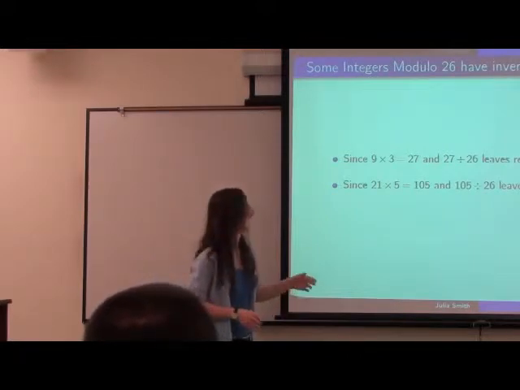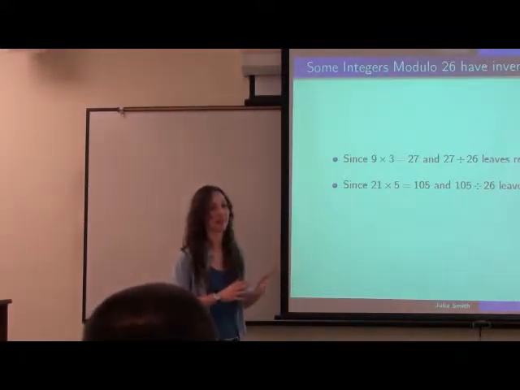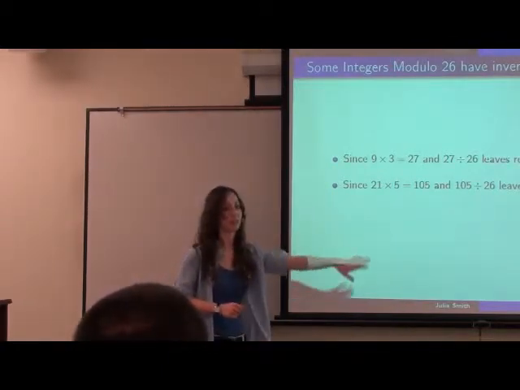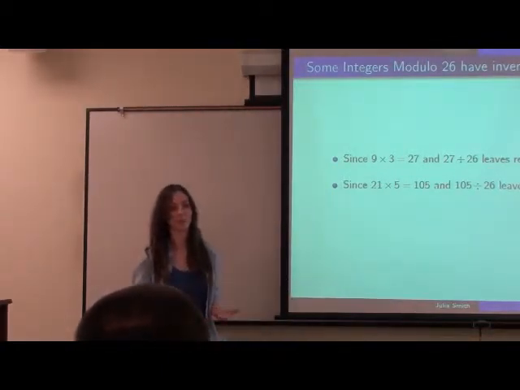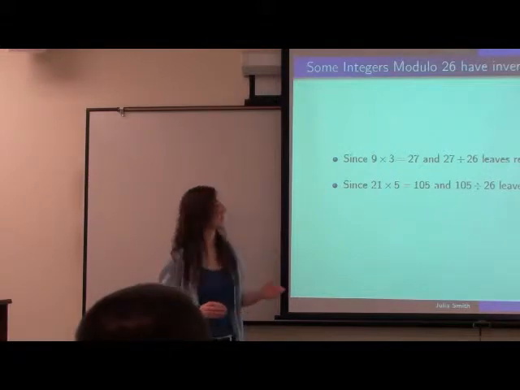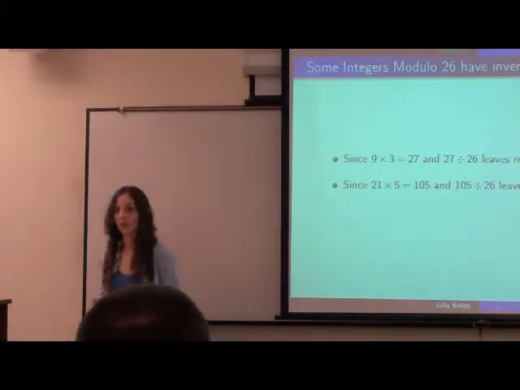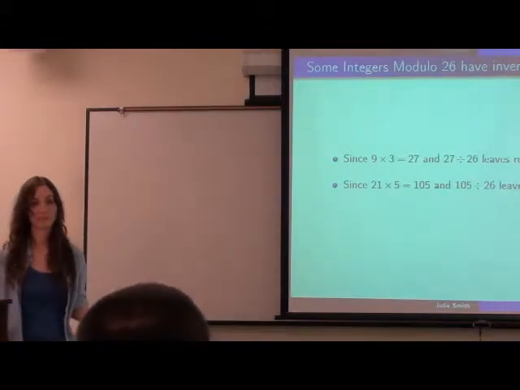I'm sorry, I meant to say multiplied by its inverse. So 9 times 3 is 27. Divided by 26, the remainder is 1. So in these terms, we can say that 9 is the same as saying 1/3, since both will give an answer of 1 when divided by 26.